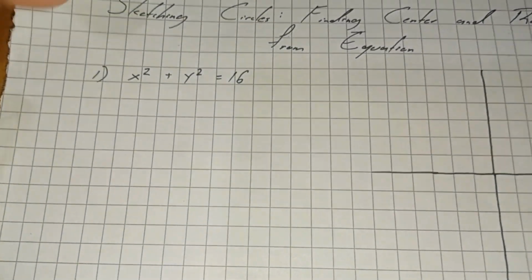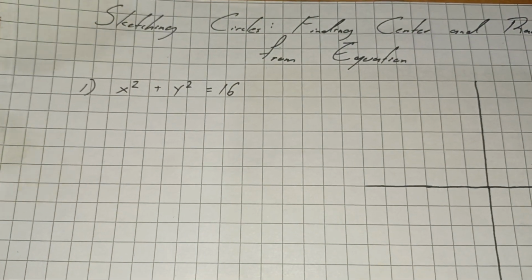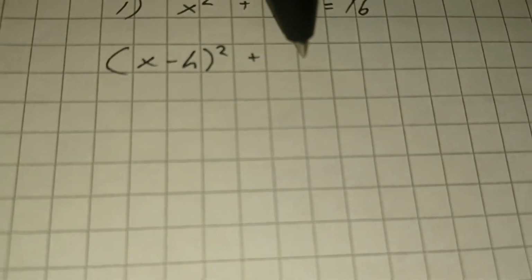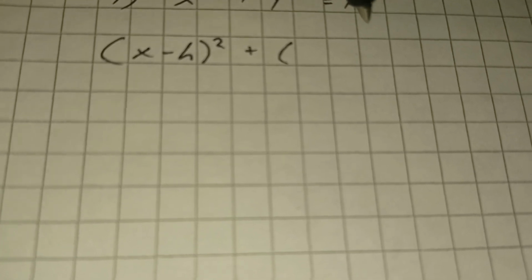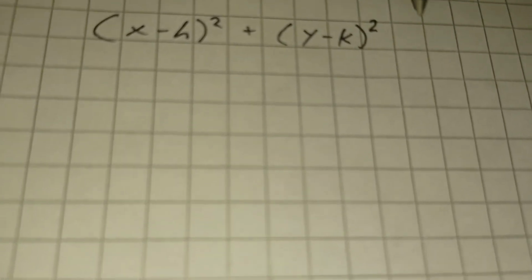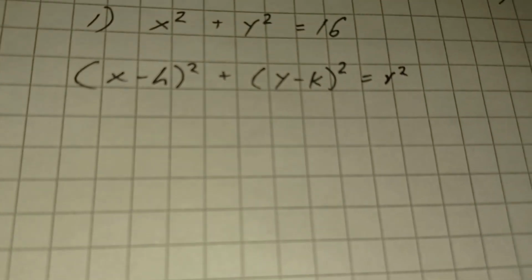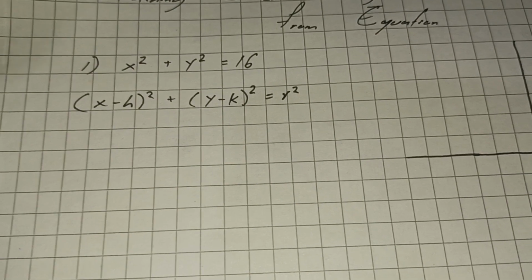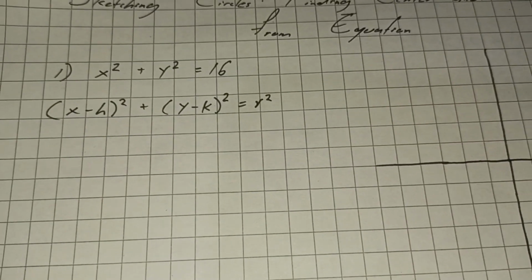So the standard equation for a circle is going to be (x minus h) squared plus (y minus k) squared equals r squared. So that is what our basic standard circle equation is going to look like.